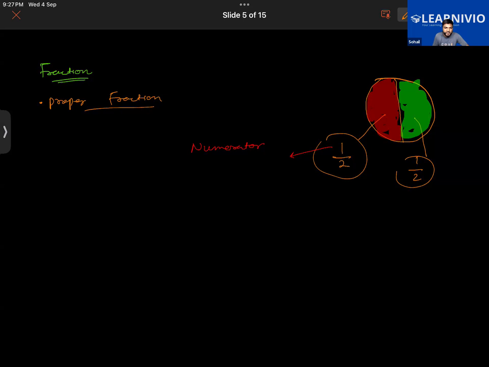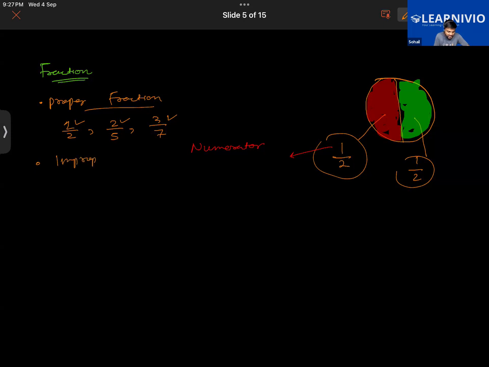Proper fractions are the fractions in which the numerator is less than the denominator, like 1 upon 2, 2 upon 5, 3 upon 7. The numerators 1, 2, and 3 are less than the denominator, so they are called proper fractions.